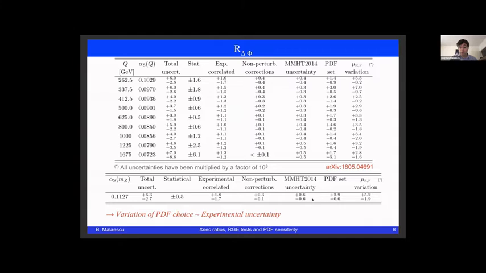If you look at the numbers here, the MMHT eigenvectors yield an uncertainty somewhat smaller than the experimental one, but at the same time the PDF variations yield a number at least of the same order of magnitude as the experimental one. So here again, in some sense, one sees this PDF sensitivity.